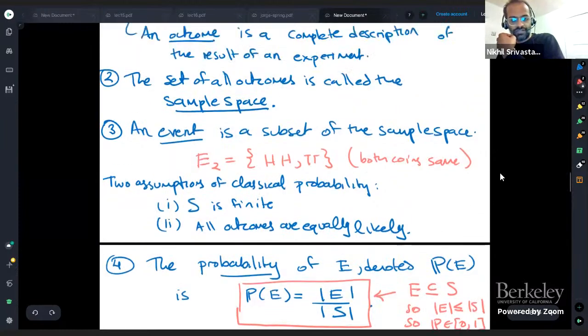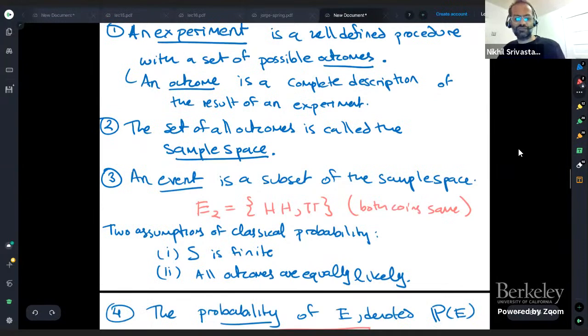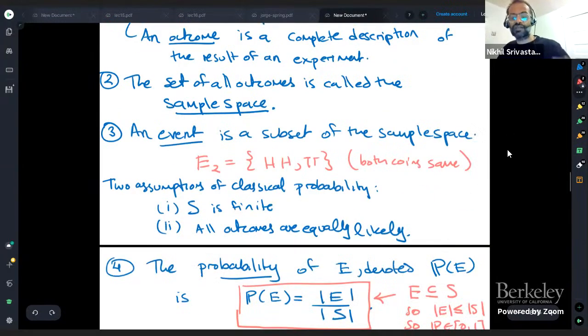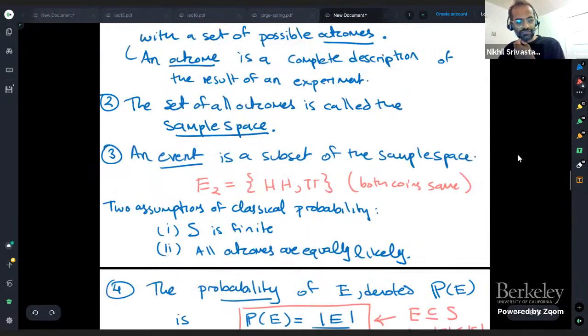So what Olivia said earlier, that the chance is always between 0% and 100%, is correct intuitively. But what we're going to learn in this unit is how to move from intuitive thinking to formal thinking within this framework, because it's very easy to make mistakes with intuitive thinking. So these are the basic definitions.